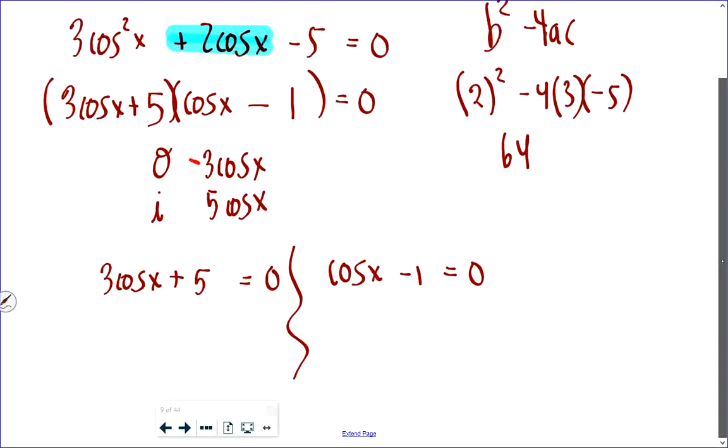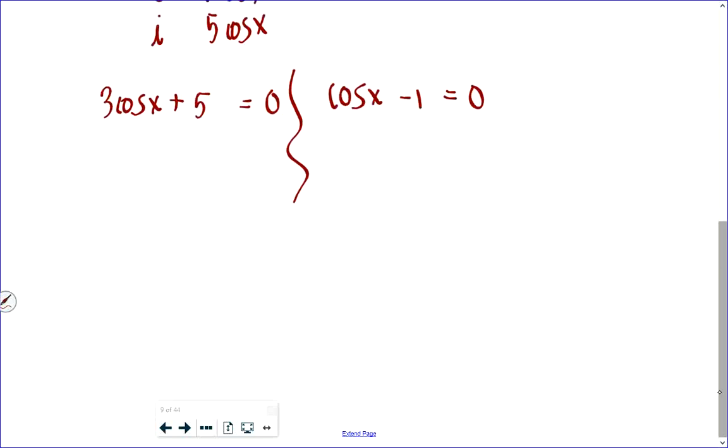This equation turns into one that's very simple. The linear equation 3 cos x plus 5 equals 0 becomes cos x equals negative 5/3. And it can't equal negative 5/3 because negative 5/3 is outside of the range of values that cosine of x has. That would require some level of explanation on a written response.